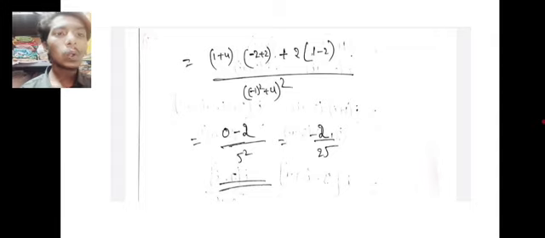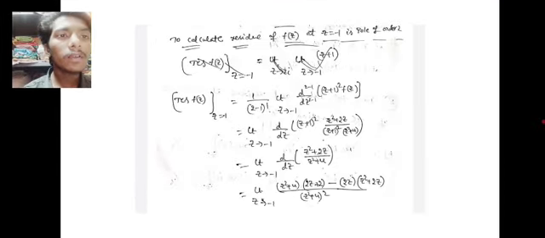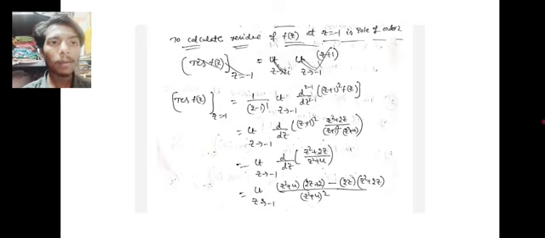And then to calculate the residue of f of z at z equals minus 1, the pole of order 2. So we are taking the residue of f of z at z equals minus 1. So 1 by 2 minus 1 to the power of 1, limit z tends to minus 1.